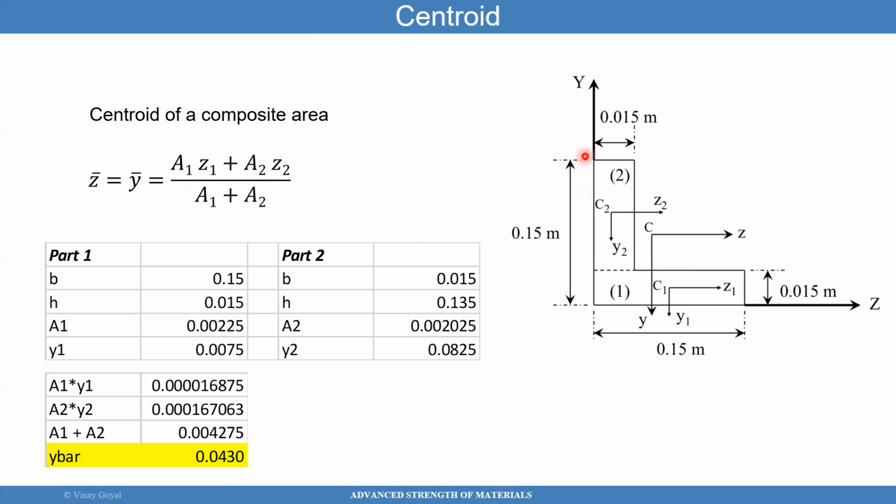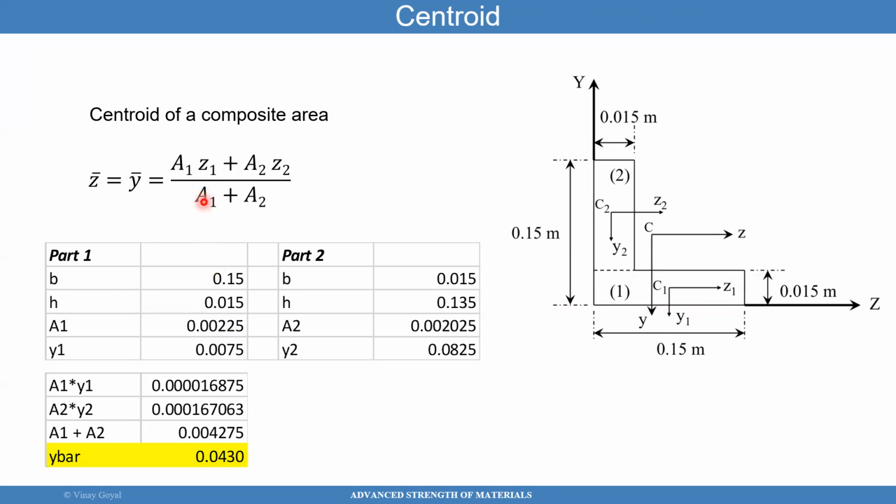This area here, 0.015 times 0.135, is A2, which is 0.002025. And then you have this area for part 1, which is 0.15 times 0.015. That area is A1, and that's this number right here.